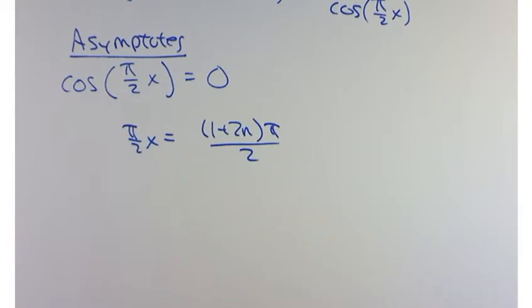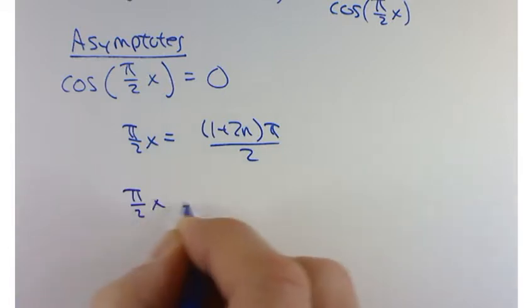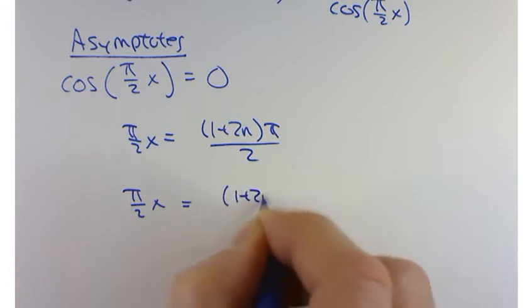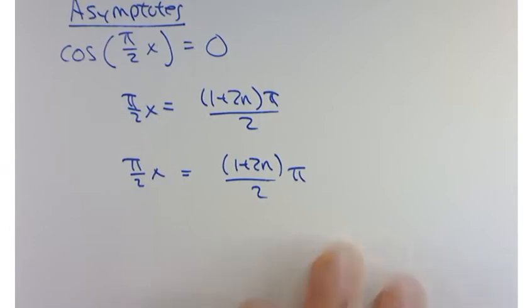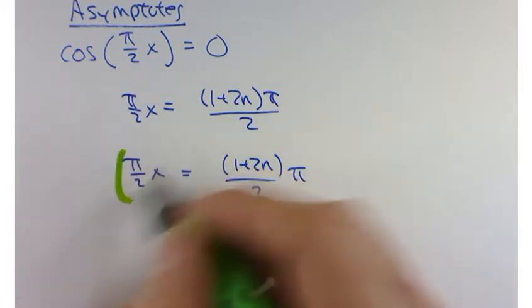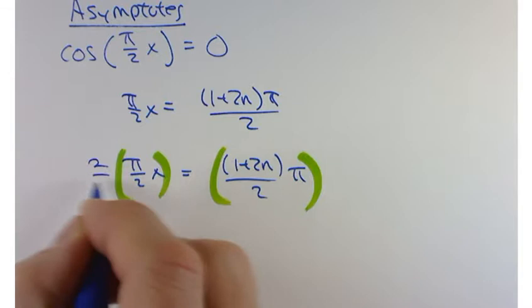So I want to solve here for x. I want to get x all by itself. And a clever way to get x all by itself is to multiply both sides by the reciprocal here. The reciprocal of pi over 2, well, that's going to be 2 over pi.